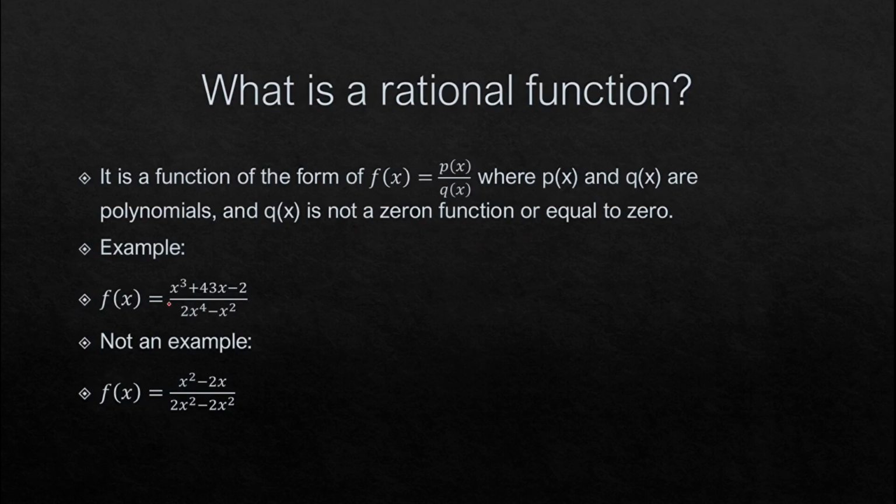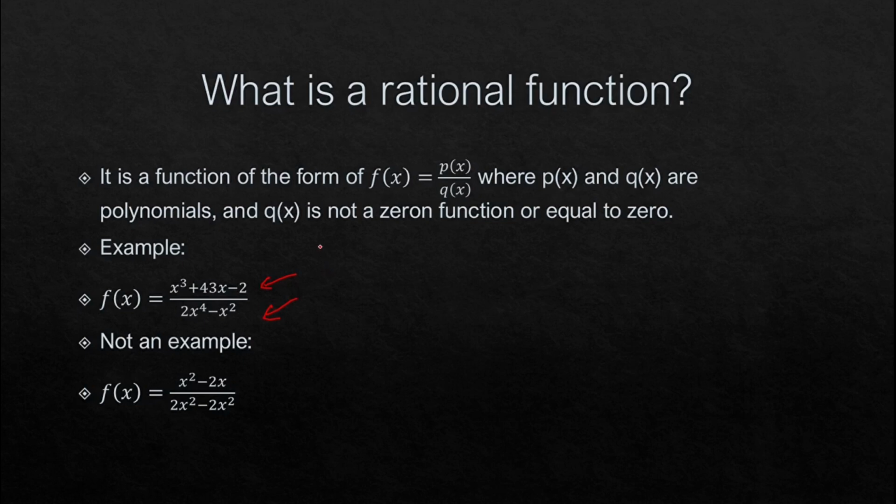Example, f of x equals to x cubed plus 43x minus 2 all over 2x raised to the power 4 minus x squared. Since both to dalawa polynomials, ibig sabihin, this is a rational function.